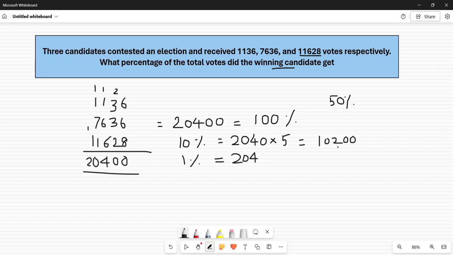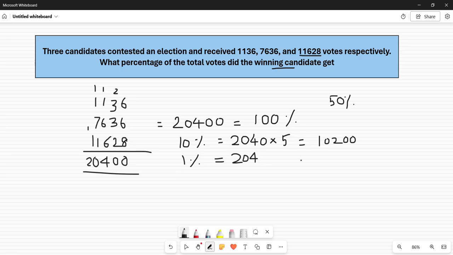Now this is 10,200, but this is 11,628, so we need 1,428 more. We know 10% is 2040, so it's something less than 10%, but we still don't know it.